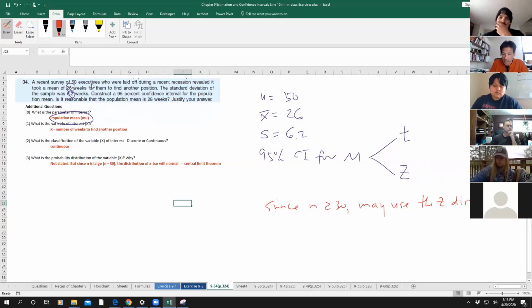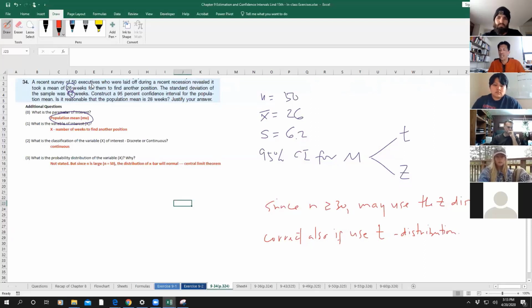You will be correct also if you use the t distribution.